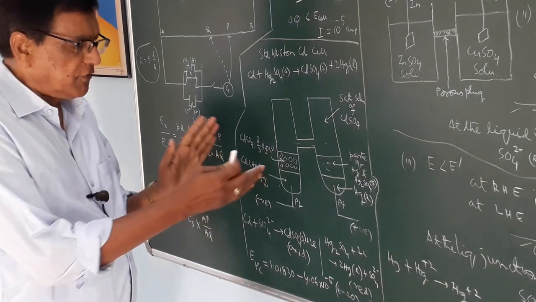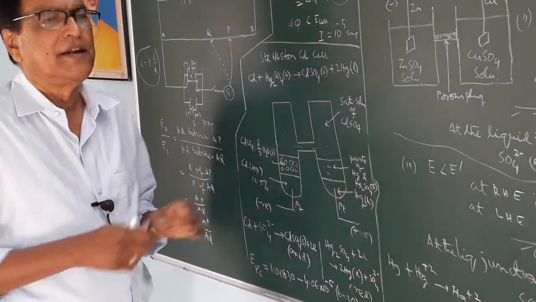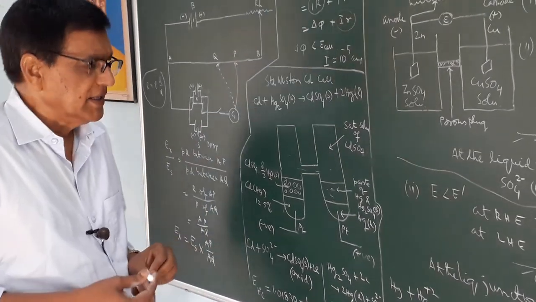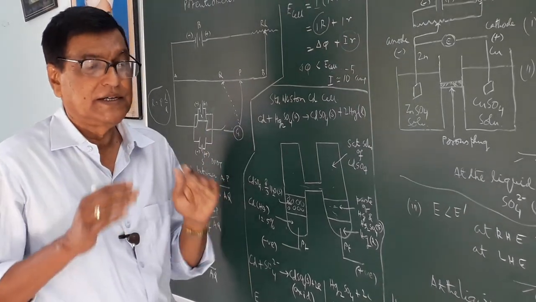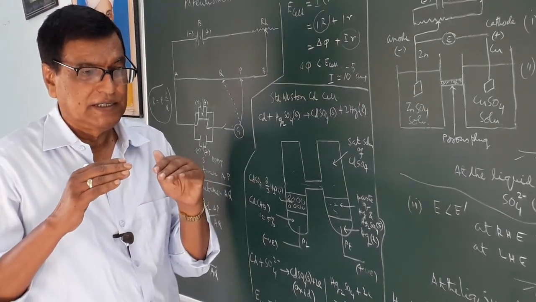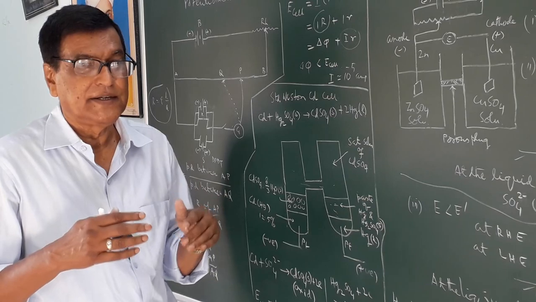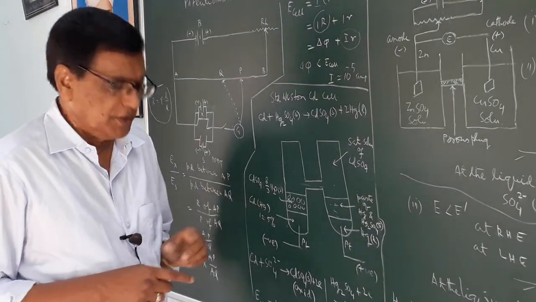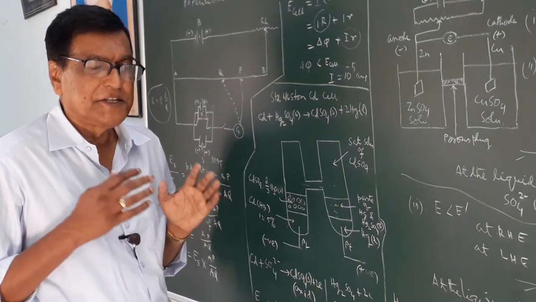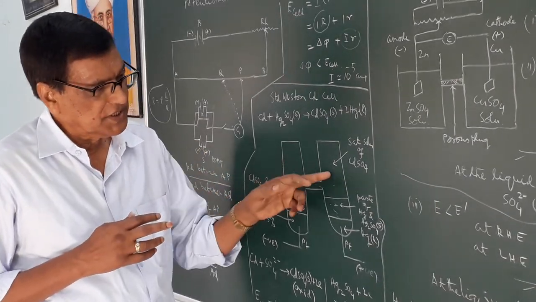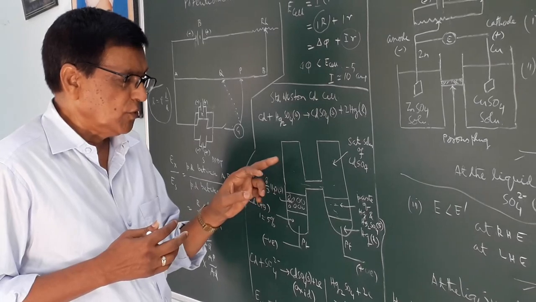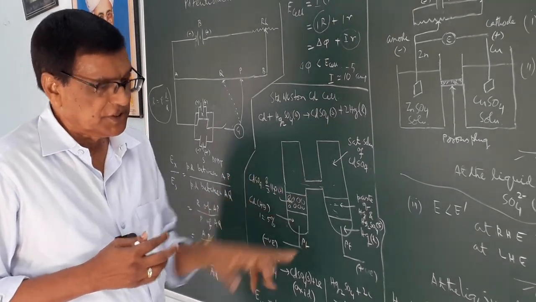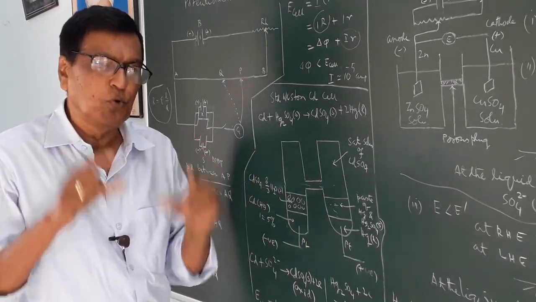This EMF is taken as the standard. Why is it standard? It is very stable, and its durability is very high. It remains for a long time with a constant EMF, and the temperature coefficient of this EMF for this standard cell is very low.